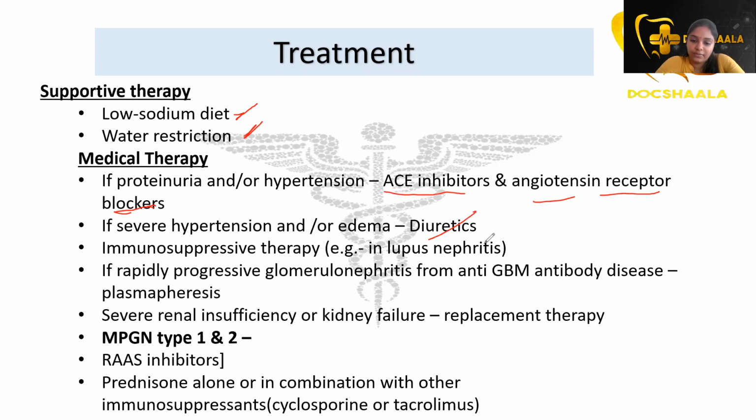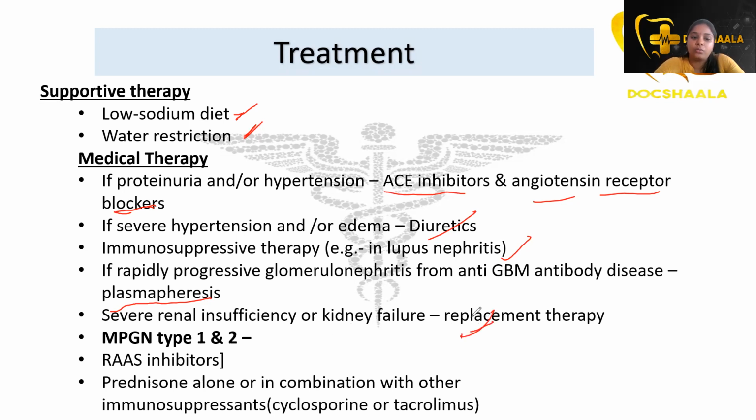Immunosuppressive therapy: if there is immune complex involvement, or rapidly progressive glomerulonephritis from anti-GBM antibody disease, then plasmapheresis is advised. In severe renal insufficiency or kidney failure, we can go for renal replacement therapy.